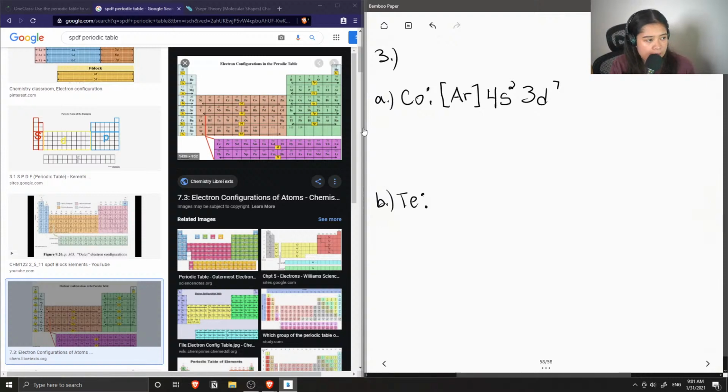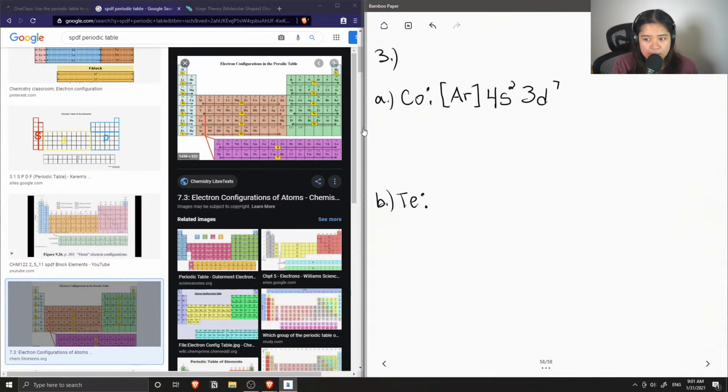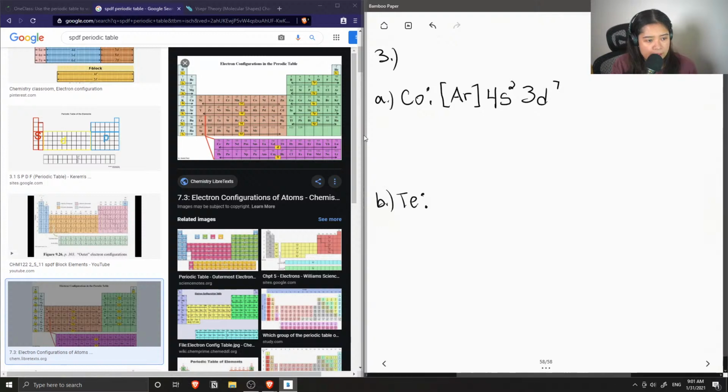Okay, so let's do the same thing for tellurium. The noble gas that comes before tellurium, which is shown here, atomic number 43, is krypton. And then writing out the remaining electron configuration, we write 5s2.